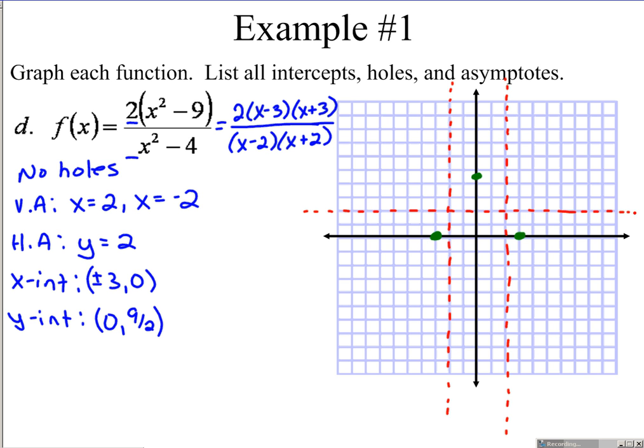And we should not have to plug in any other points here. We know to the left of this asymptote line, our graph has to approach the asymptote lines in both directions. To the right, it has to approach in both directions. And in the middle, we know since we don't have any other x-intercepts, that this graph has to approach the asymptote lines going up in both directions in a parabola shape.